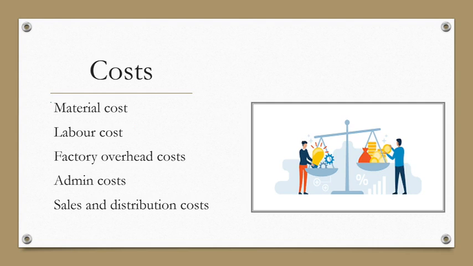And then we know that these three will influence the cost of production. What happens in the office doesn't influence the cost of production. What happens in the sales and distribution, the marketing, or the selling of these goods will not influence the cost of production, but it is still costs in the business.